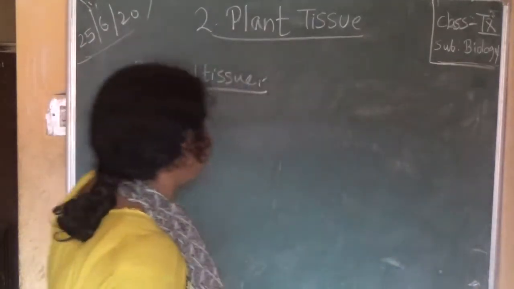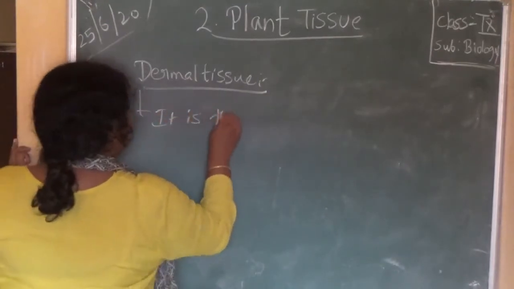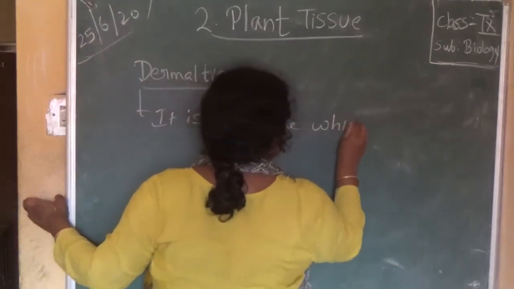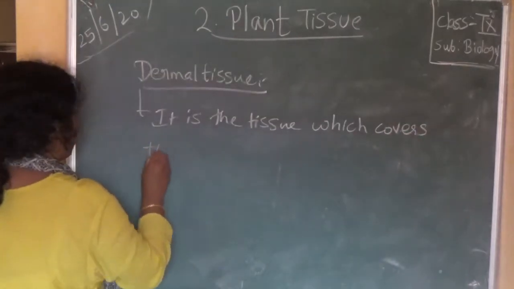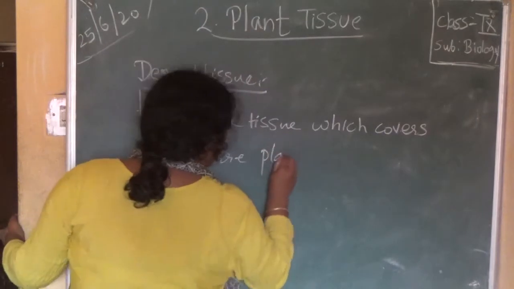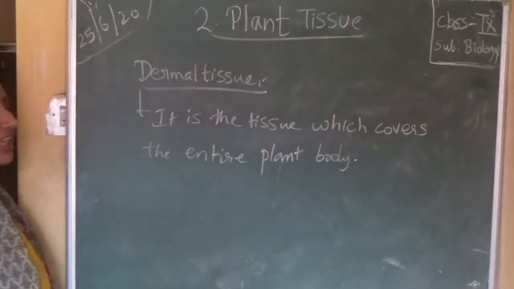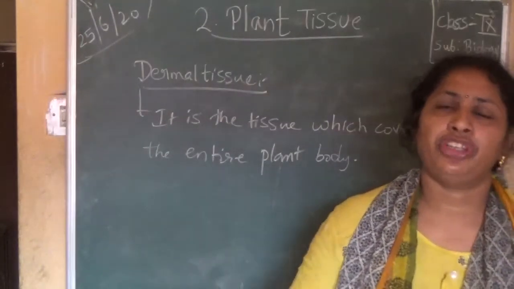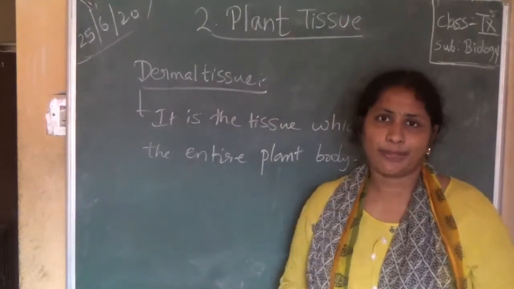So dermal tissue is the tissue which covers the entire plant body. That is called dermal tissue.